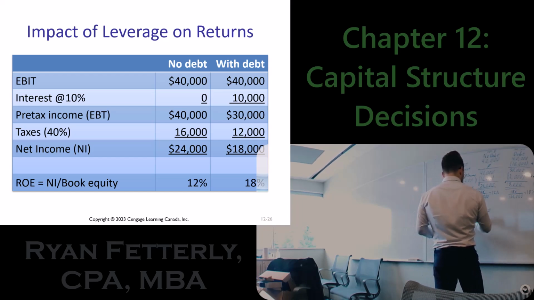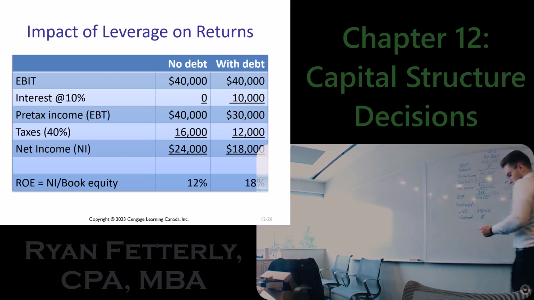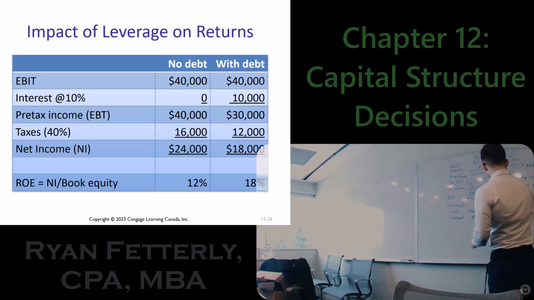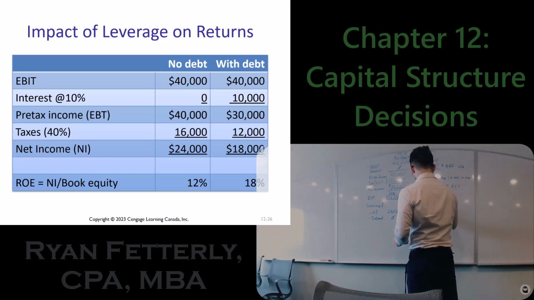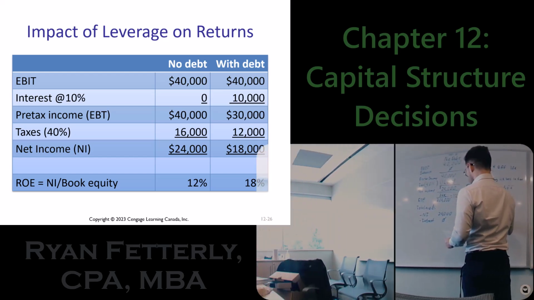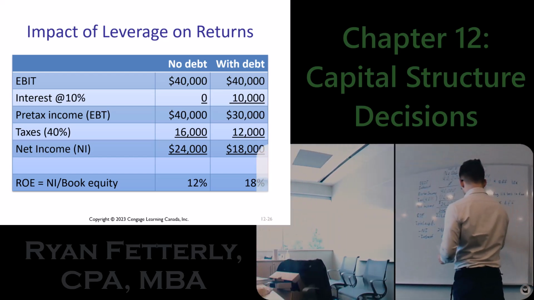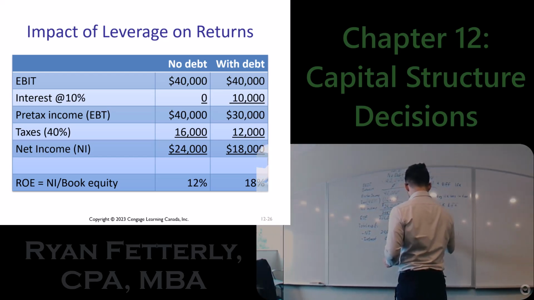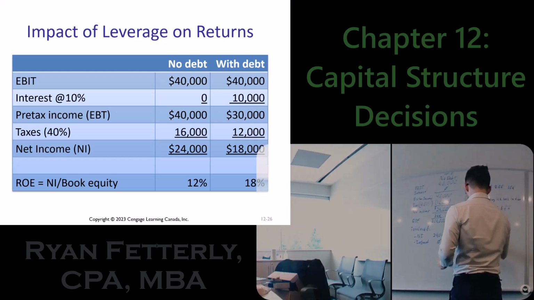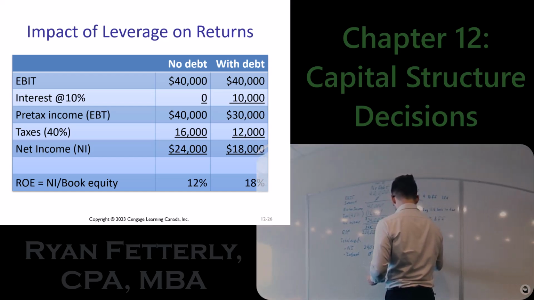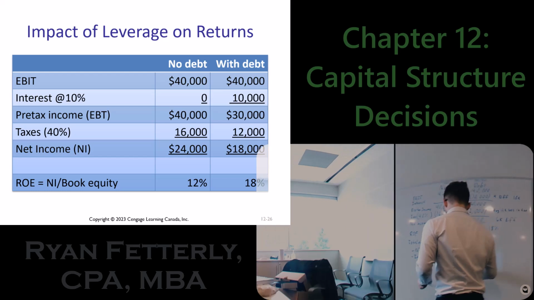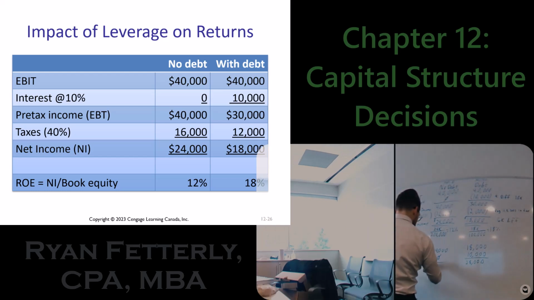In this case, when we have no debt, there's no interest paid, but in this case, this company has $18,000 in net income that it can pay out to the shareholders, but it also has another $10,000 in interest that it pays out to its debt holders, right? So this company pays out a total of $28,000 in returns, right? Whereas this company only pays out $24,000 in returns.